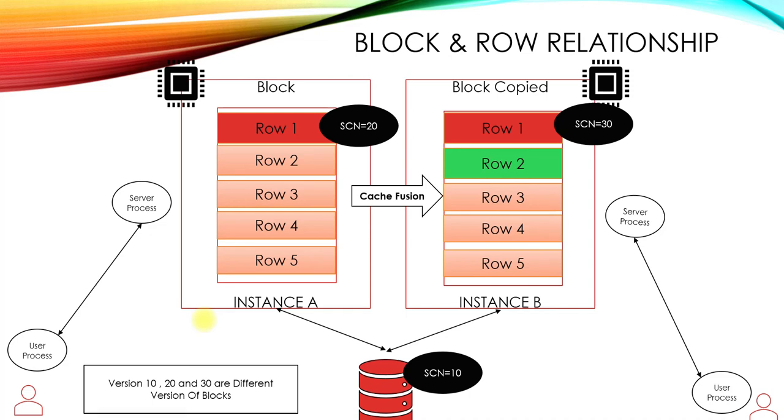As you can see in this picture, there are 3 versions of the same block, so you can multiply that by 3, but actually there will be seven versions of the block in the real world. So let's move forward.